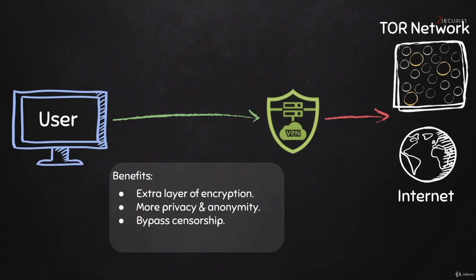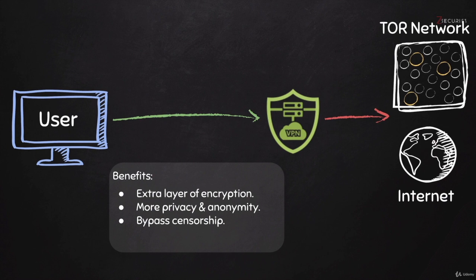Now, this architecture of first creating a secure tunnel and connecting to a server and then going to the internet or to the TOR network or to whatever service is really useful because, first of all, it adds an extra layer of encryption.